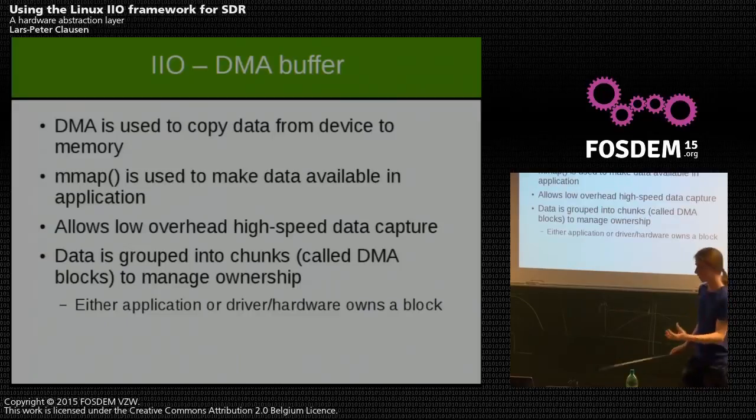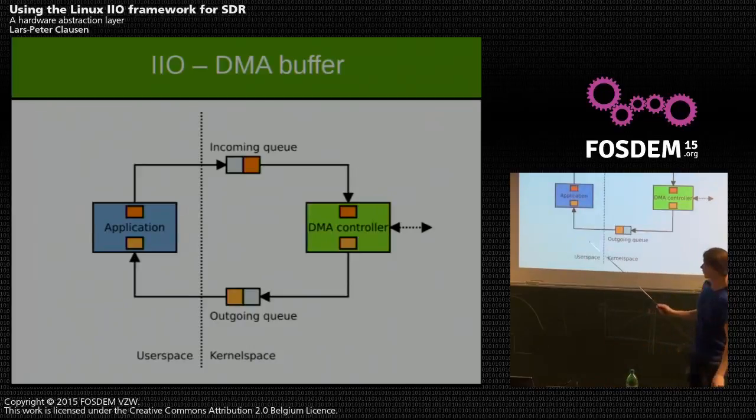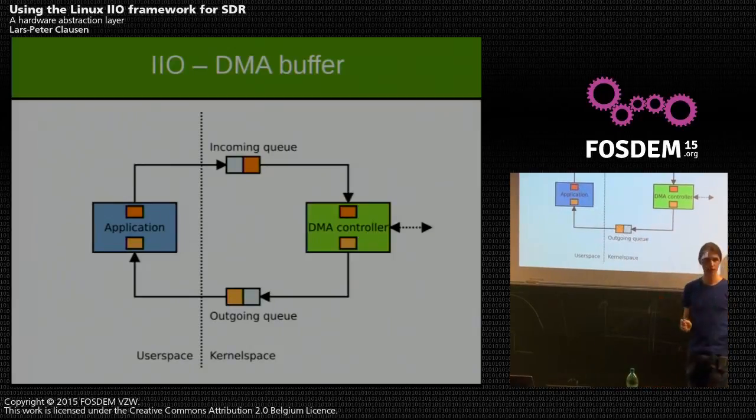The way it works is that we allocate small chunks of data, so-called blocks. The block is allocated by the application, with a certain size, the amount of data you want. Then you pass the ownership of the block to the incoming queue of the hardware, and this goes on to a DMA controller. The DMA controller reads the data from your processing pipeline, from your receiver or transmitter pipeline.